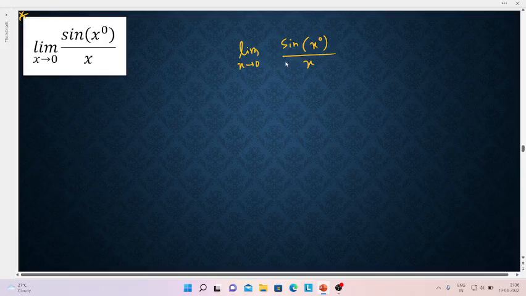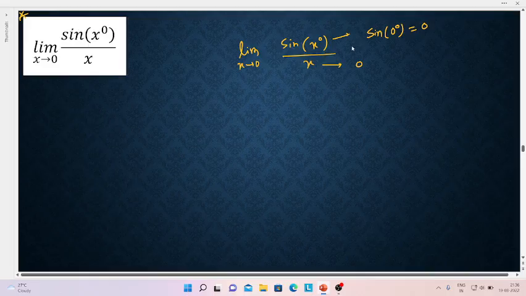When you put x equals 0 in the numerator, it gives sine 0 degree, which is equal to 0. Similarly, when we put x equals 0 in the denominator, it gives 0. So it is basically a 0 by 0 form.